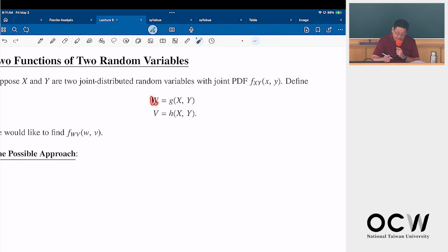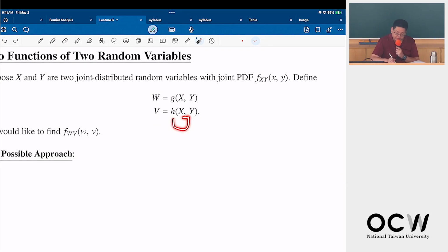W is a random variable that is a function of X and Y. V is also a random variable that is a function of X and Y. Now I want to find the joint PDF of W and V.